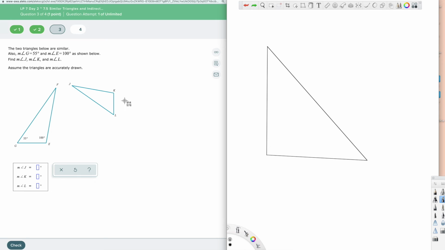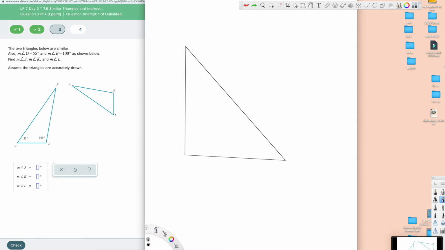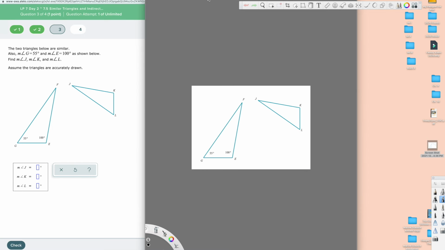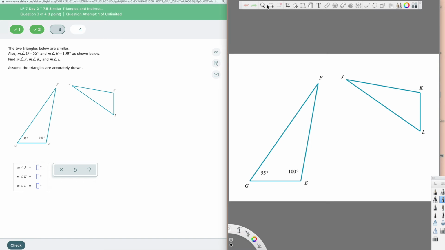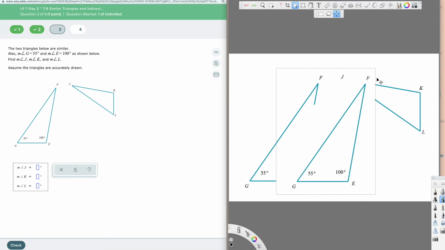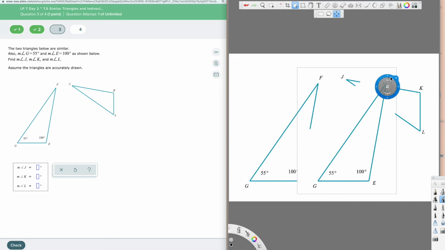And I'm pretty sure I'm going to do this on here because it's kind of cool to see this too. Let me grab it when it saves over here. There we go. Okay. So we have these two guys here. So I'm going to try to do my lasso tool again and see if I can copy paste. Oh, it's going to cover stuff up though. I don't like that.